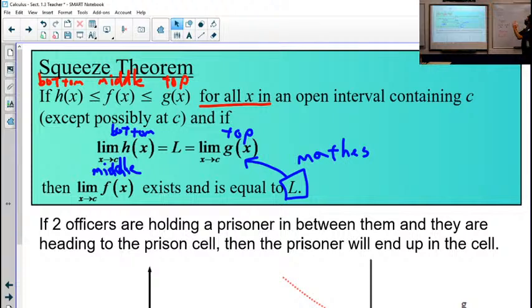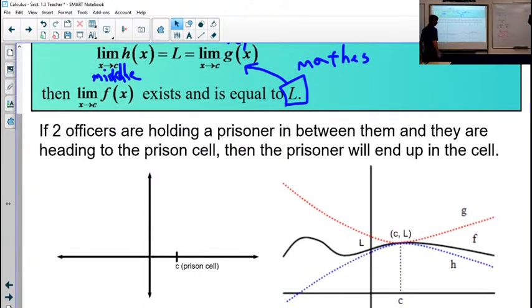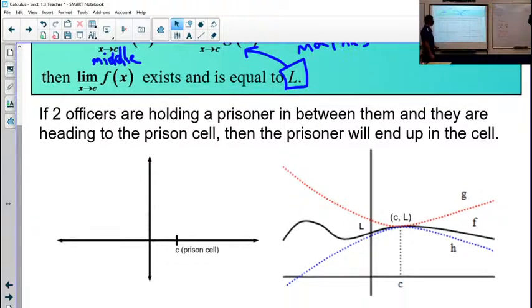So this is the visual idea. I have a bottom function, a middle function, and a top function. The middle function is in black, the bottom is in blue, the top is in red.